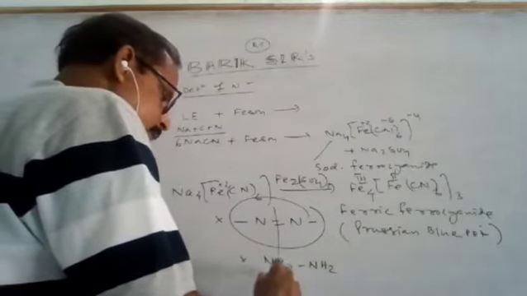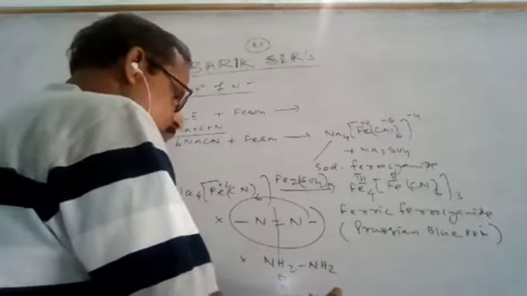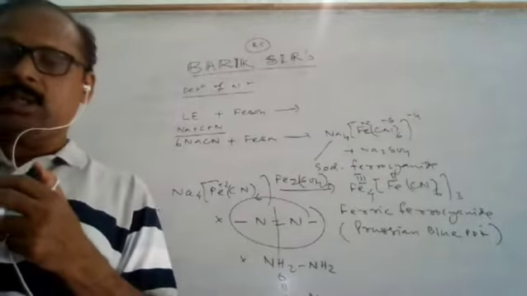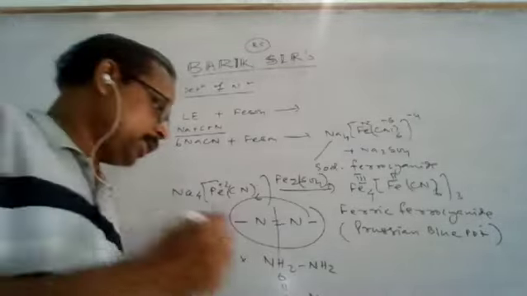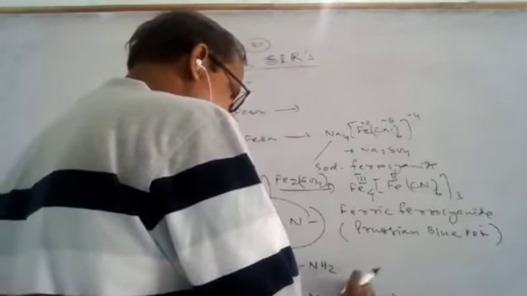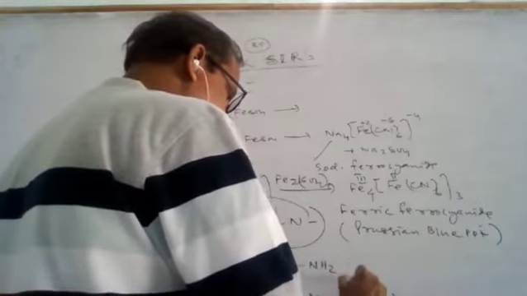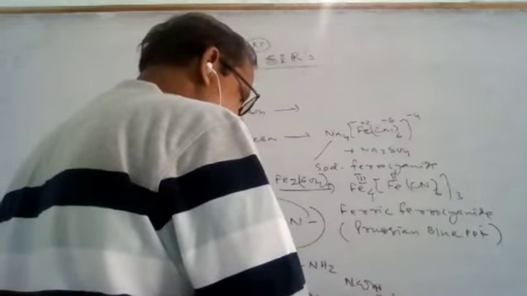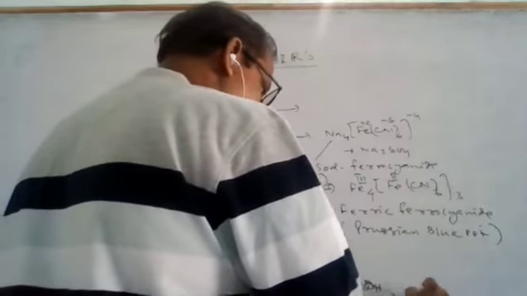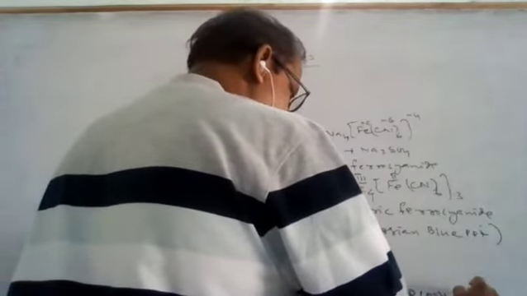If it is present in the amide form, detection of the nitrogen is possible, but it will react with soda lime. If it is heated with soda lime, meaning sodium hydroxide and calcium oxide, it will be converted to carboxylic acid plus ammonia.